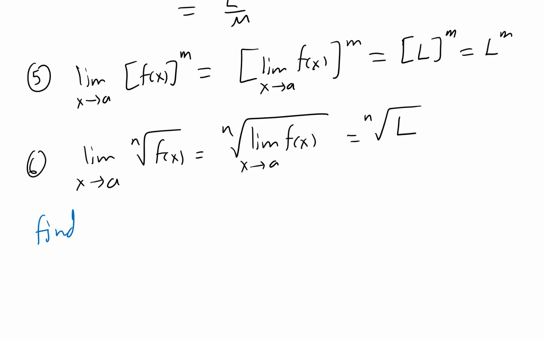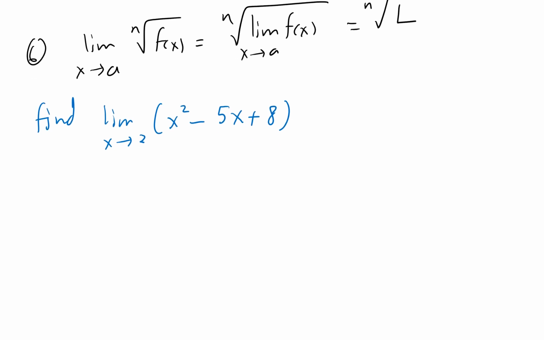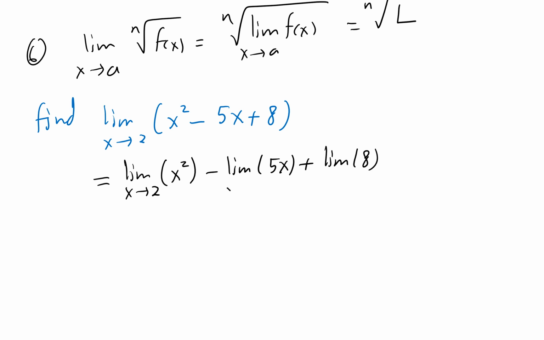Find the limit as x approaches 2 of x squared minus 5x plus 8. The way it works is the limit of this is the limit of the first one minus the limit of the second one plus the limit of the last one. By the properties, you can move the limit inside, the limit of x squared as x approaches 2.